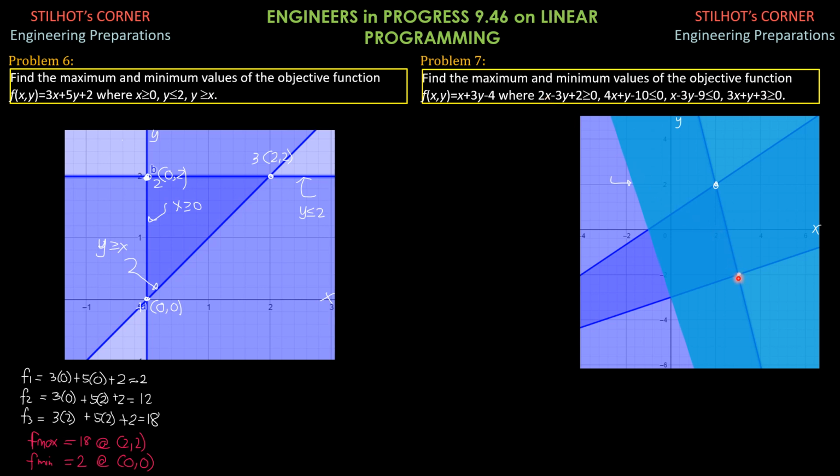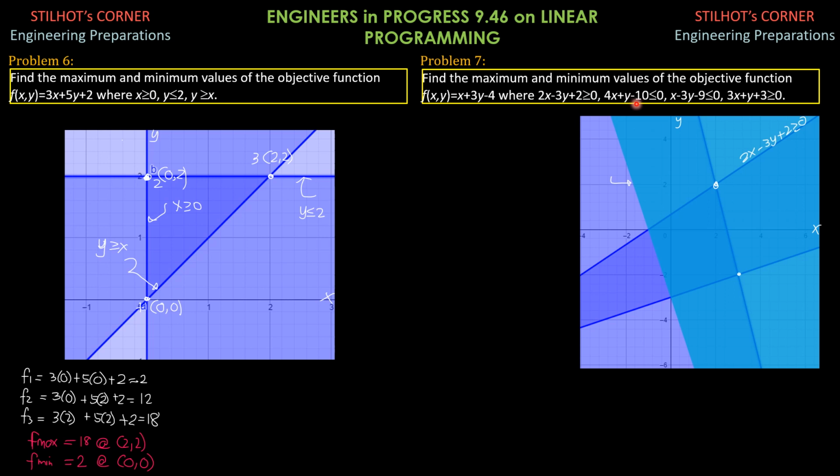When x is 0, y is 2/3, this point here. Then when y is 0, then x is -1. So this point here. So we then connect these 2 points, then extend, then that's the line 2x minus 3y plus 2 greater than or equal to 0.